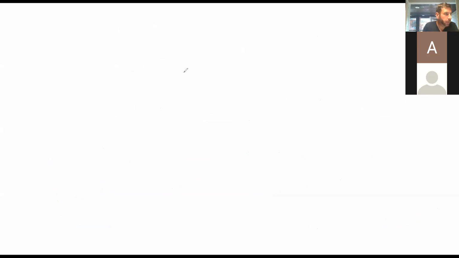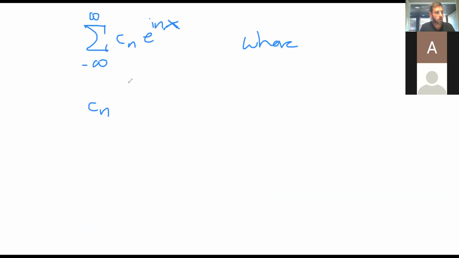Well, we mean we can write the series as the sum from negative infinity to infinity of c sub n e to the i n x, where c sub n equals 1 over 2 pi times the integral from negative pi. So we could have done the same argument using exponentials instead.